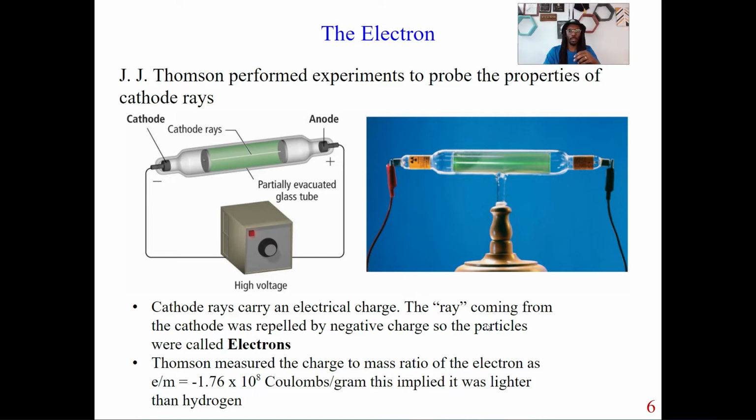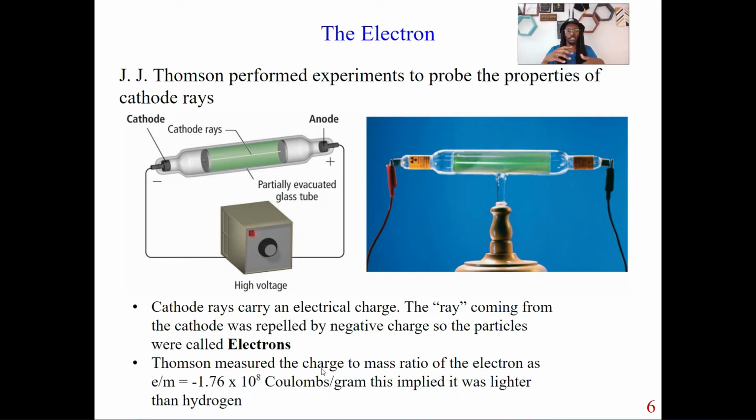The ray was coming from the cathode and was repelled by the negative charge. We ultimately found out that the things being repelled were small, tiny particles. He didn't know it at the time, but those particles were electrons. These were actual electrons.